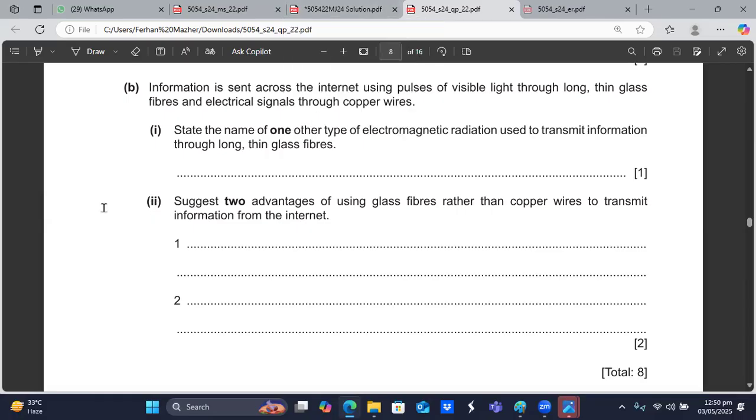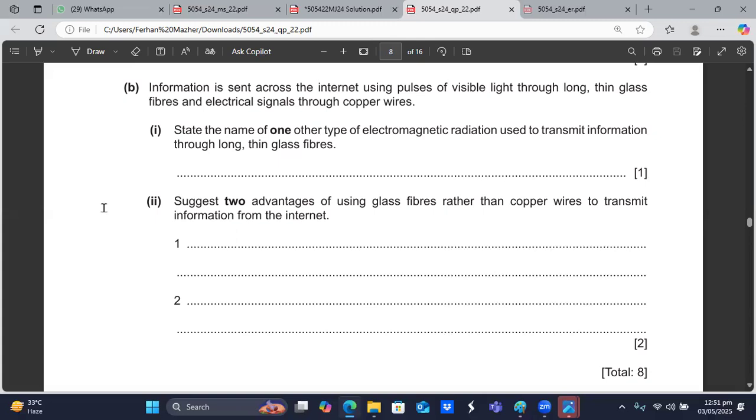Okay, so state two advantages of using glass fiber rather than copper wires to transmit information on the internet. When you use optical fibers, they are lightweight. The bandwidth is larger as compared to copper wires, because the rate of data transfer by the optical fiber is greater than the rate of data transferred through the copper wires.